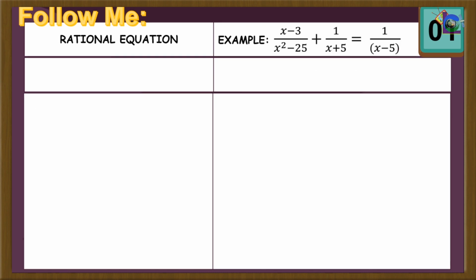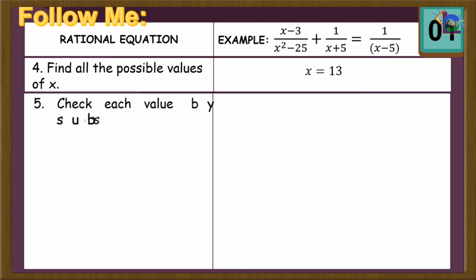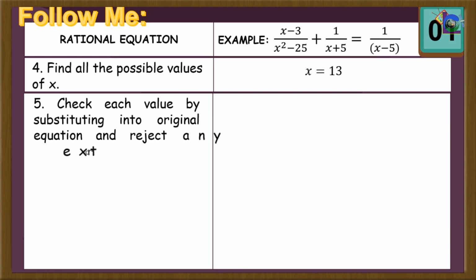Fourth, find all the possible values of x. In this case, the value of our x is 13. Fifth, check each value by substituting into the original equation and reject any extraneous root.